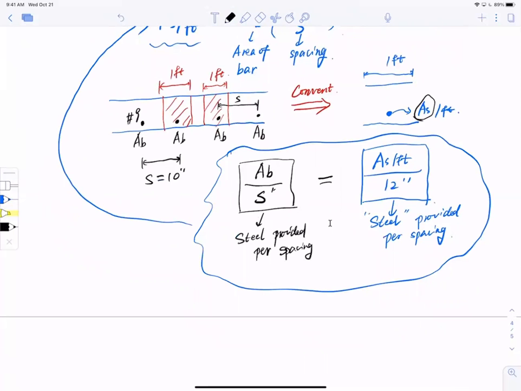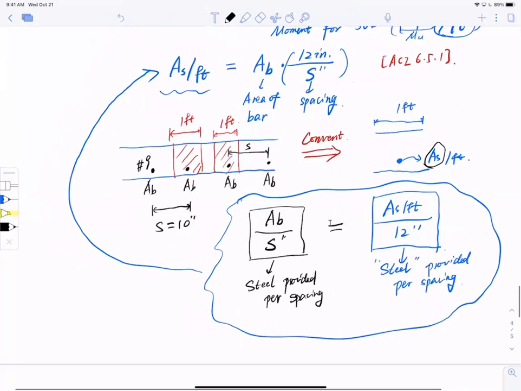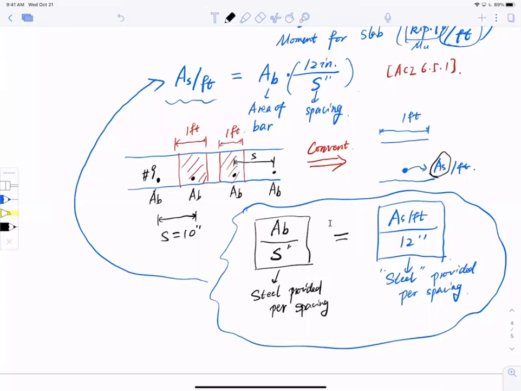You use this equation here. AS per foot equals AB, which for number 9 bars is 1 inch squared, multiplied by 12 inches divided by 10 inches. So you get about 1.2 inch squared per foot.